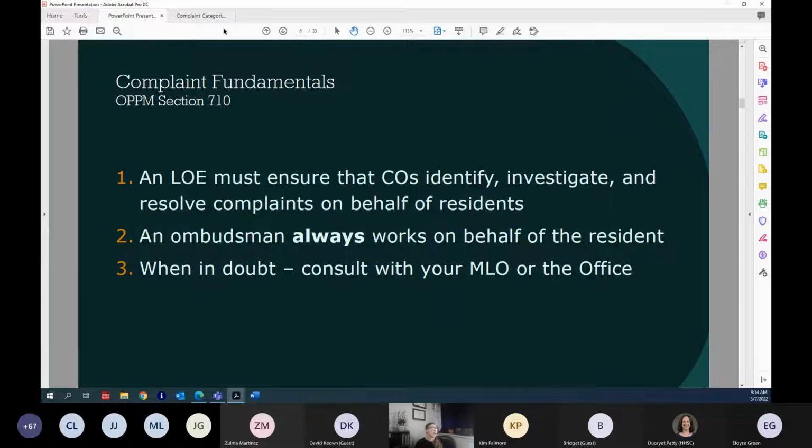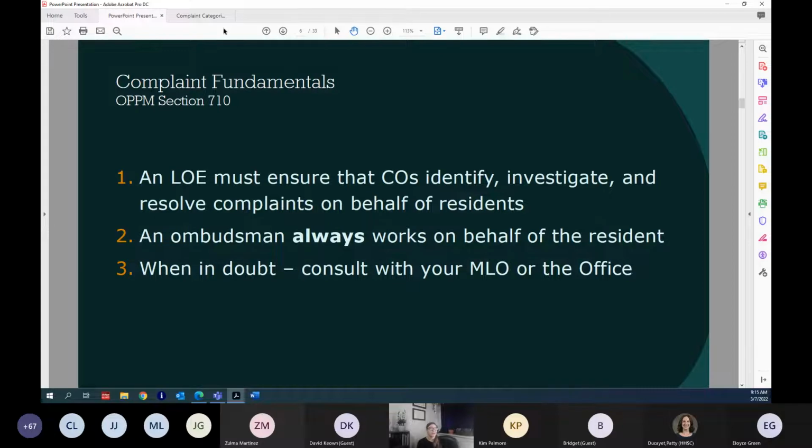On these next slides, you'll see in the upper left-hand corner the exact section of the Policies and Procedures Manual that we're getting this information from. So you can always go back and get more information. We won't go through it all, but if you have questions or you want to refresh, a great place to go is right there in the Ombudsman Policies and Procedures Manual.